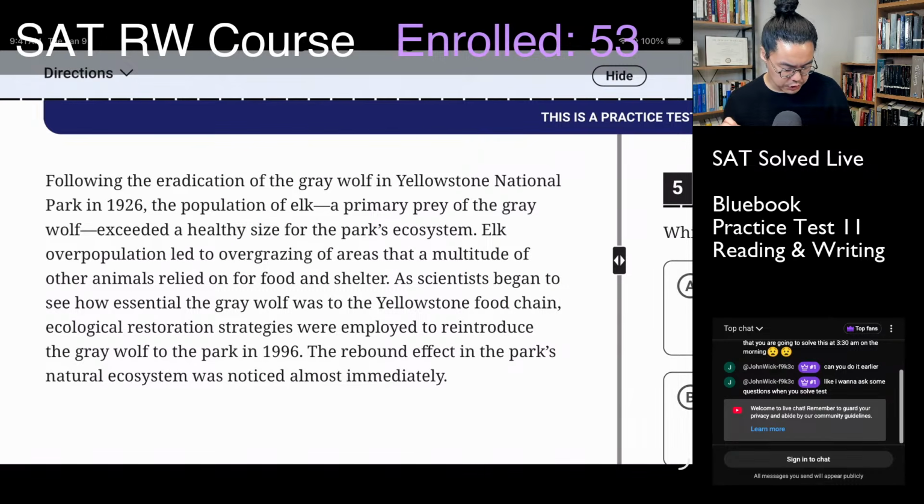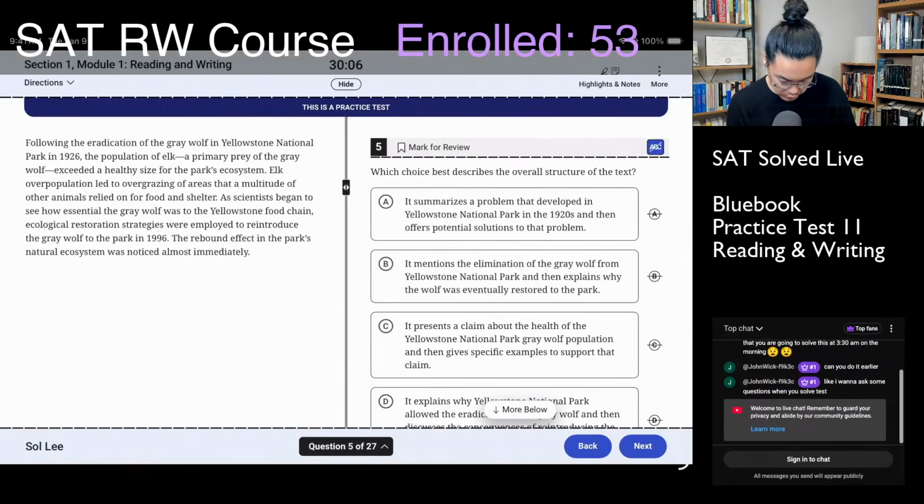Following the eradication of the gray wolf, the elk exceeded a healthy size. Right, that makes sense. Overpopulation led to overgrazing of certain areas. And then they realized that the gray wolf was super important, so they brought it back to kill the elk. Okay, so what's the overall structure?